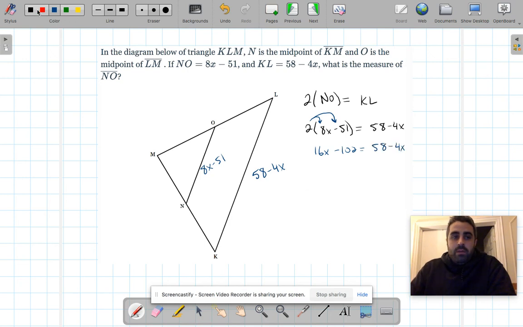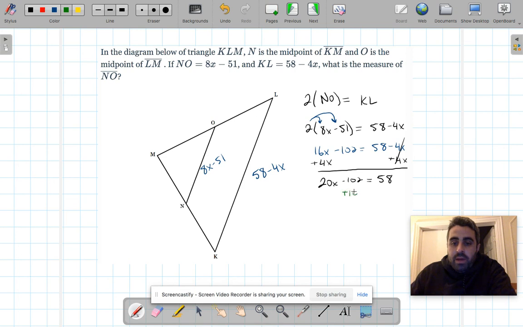And now I'm going to use my inverse operations to get my variable on one side and my constant on the other. So I'm going to add 4x to both sides of the equation. 16x plus 4x is 20x. And we bring down 58. And negative 4x plus 4x is 0. Then I'm going to add 102 to both sides.